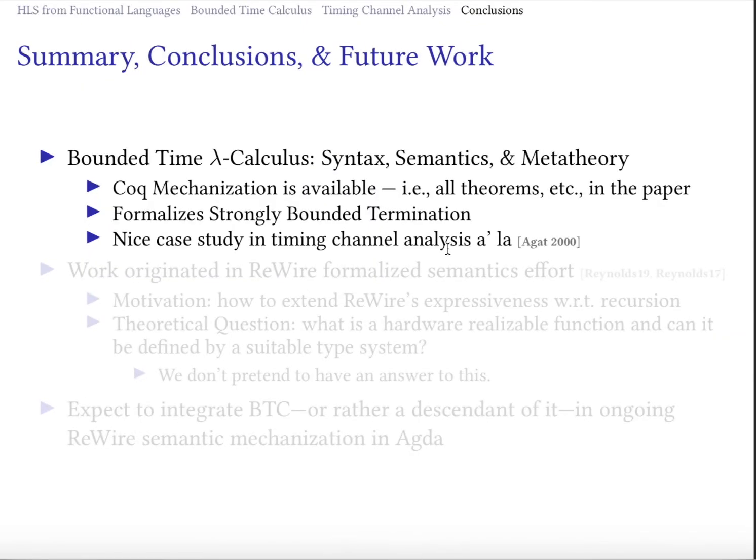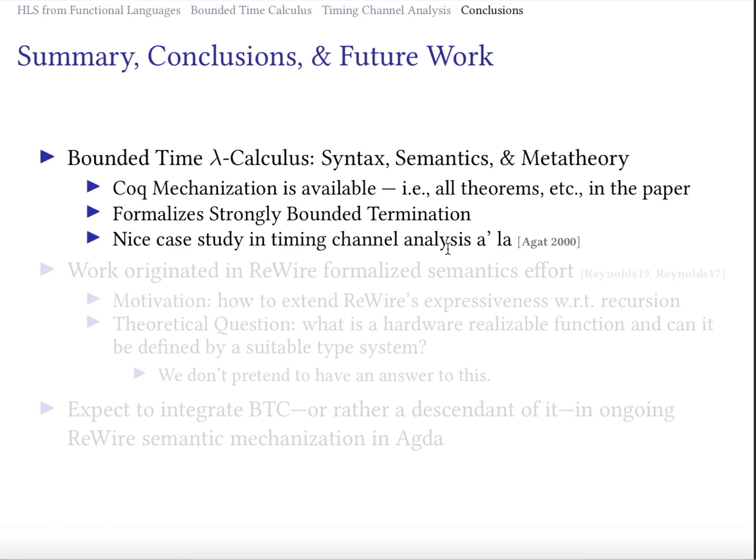So, in summary, what we've presented is the bounded time lambda calculus, its syntax, semantics, and metatheory. All of this mechanization is available in Coq. Every formal statement we've made in the paper is proved in Coq.